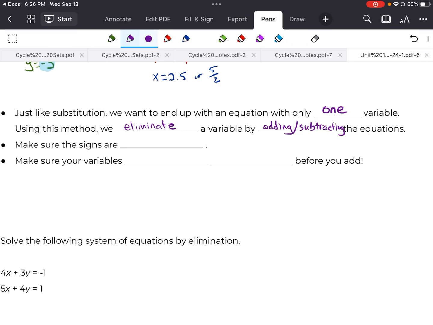Okay, we don't have to worry about this one. And make sure your variables match coefficients before you add.